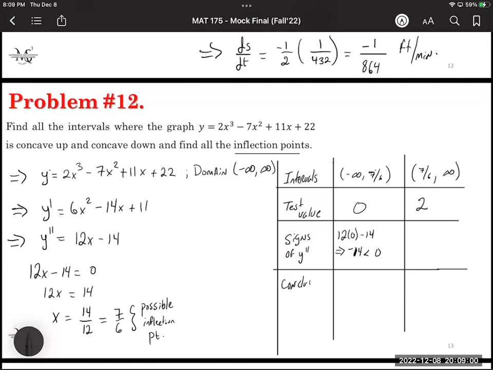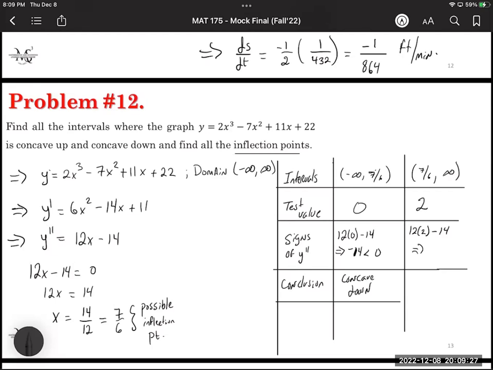So one conclusion that you can make about this first interval is that it's going to be what? Concave down or up? Down. Concave down. If it's less than 0 at your test value, then it's concave down. Okay, let's see what happens when I plug in 2. We get 12 times 2 minus 14.